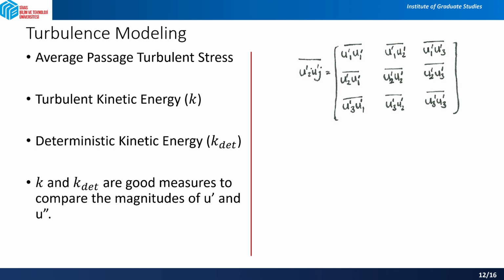So this is the u prime 1 u prime 1 bar, u prime 1 u prime 2 bar, u prime 1 u prime 3 bar, u prime 2 u prime 1 bar, u prime 2 u prime 2 bar, u prime 2 u prime 3 bar, u prime 3 u prime 1, and this is 3 2, and this is 3 3.